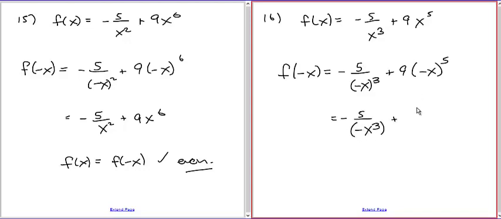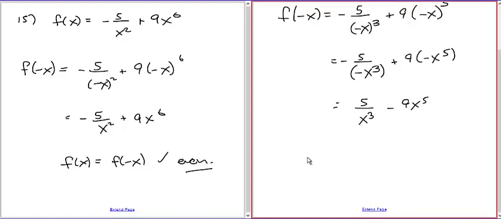And then over here we have 9 times negative x to the 5th. These two negative signs will become positive, since negative divided by negative is positive. And here it becomes negative 9 x to the 5th. If you look at the original function and this one, you can see this one is the negative of that one.